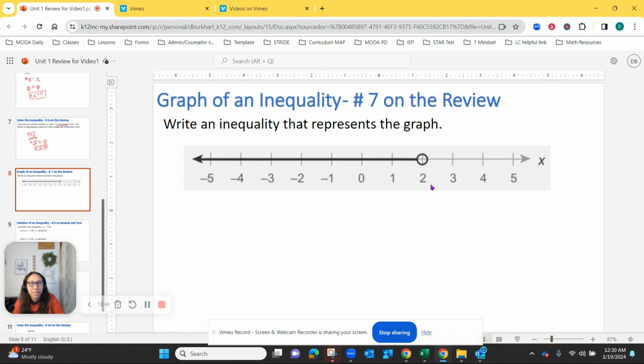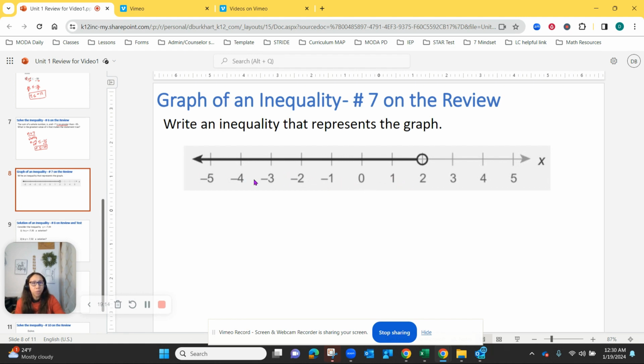In this case, your x value could be any number that is smaller than 2, because the shading of the graph is to the left, and all of the numbers to the left of 2 are smaller.